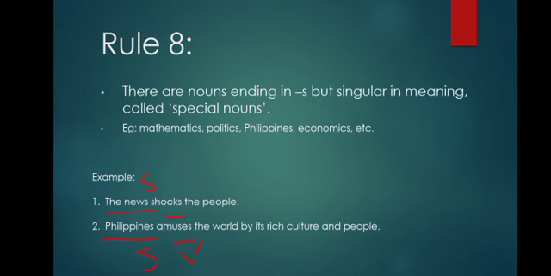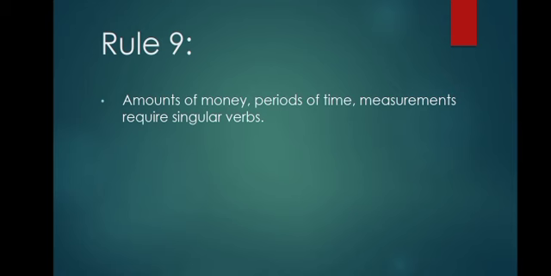Next, rule number 9. Amounts of money, periods of time, and measurements require singular verbs. So if you use an amount of money, a period of time, or any form of measurement in a sentence, no matter how much it could amount, the verb must always be in singular form.